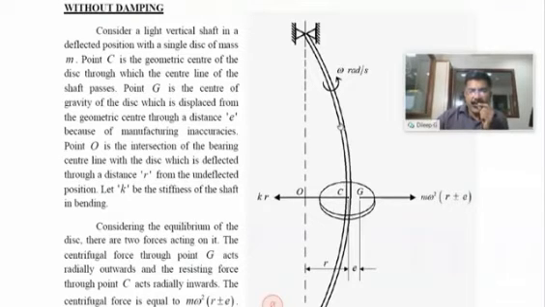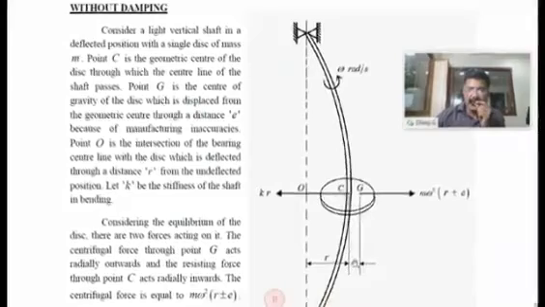the center of gravity G of the disc, suppose it is not at the exact geometric center of the disc, which is C, but this center of gravity G is at a distance E, which is known as eccentricity. Suppose a case like that.